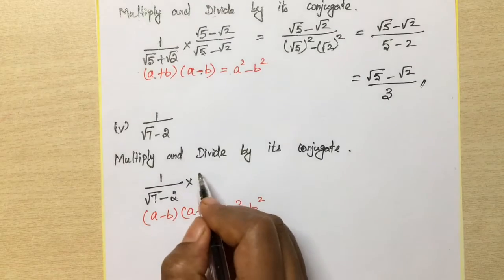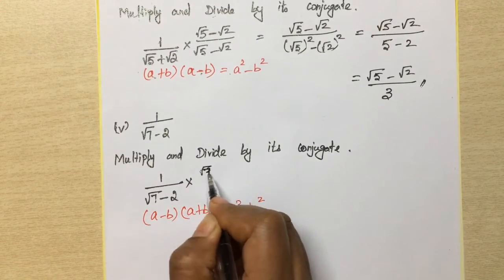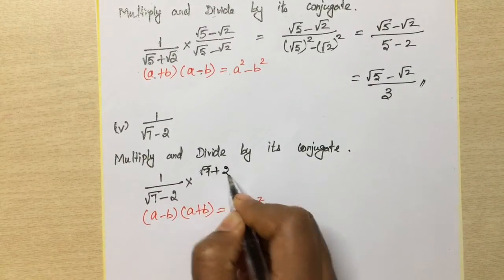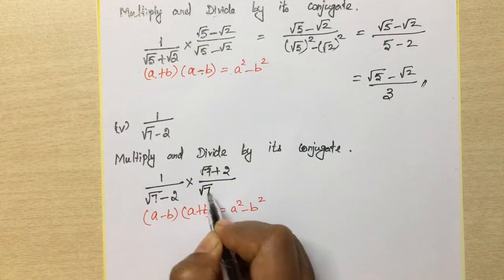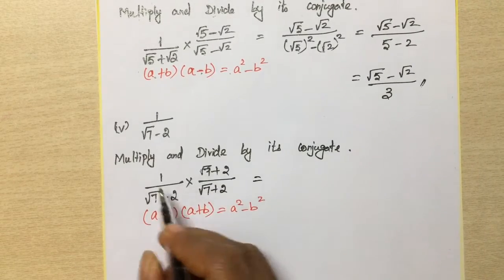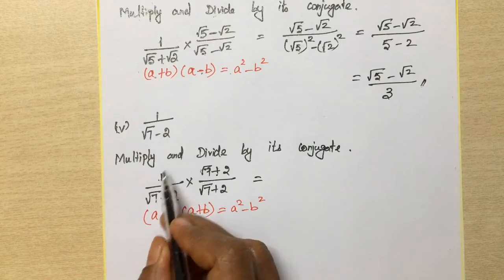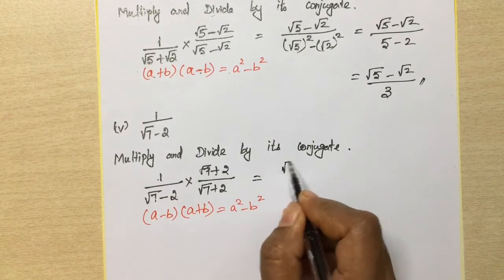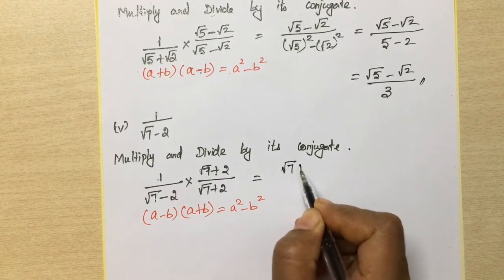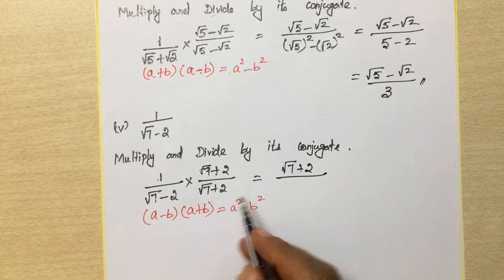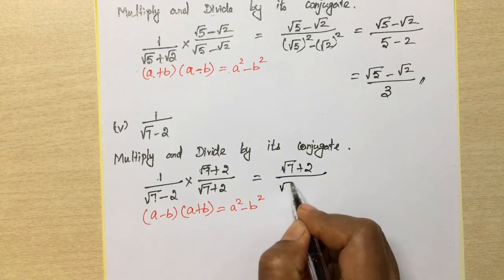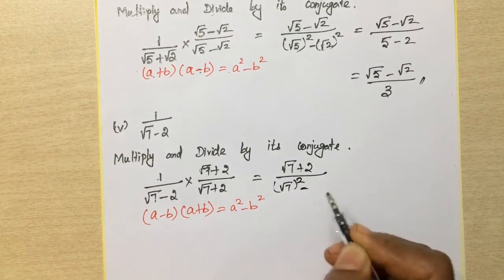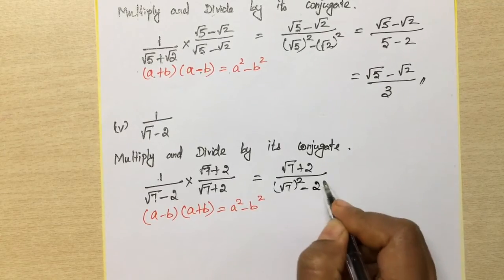So a plus b, what is this? Root 7 plus 2 divided by root 7 plus 2, which is numerator into numerator. 1 into any number is the same number, that is root 7 plus 2, divided by square it. Root 7 is a square minus b square is 2 square.